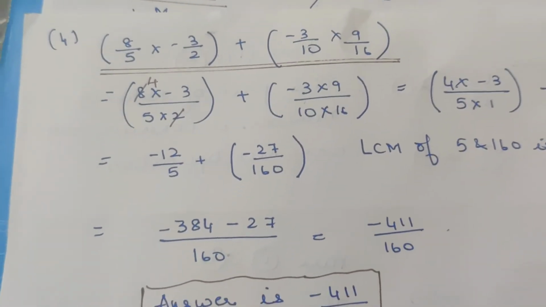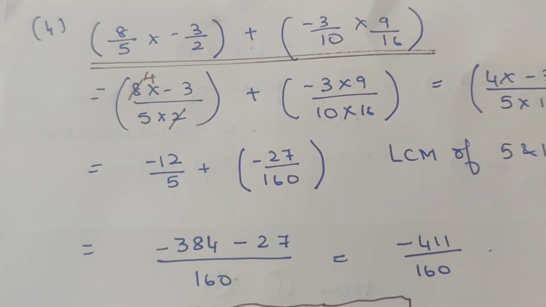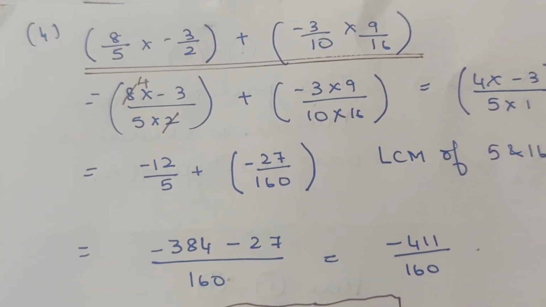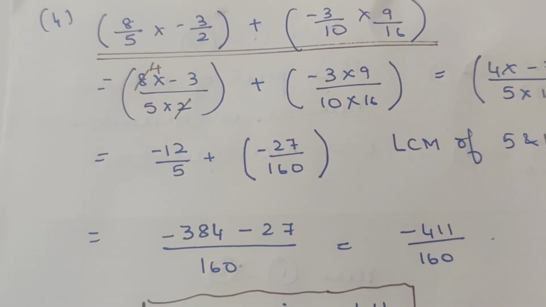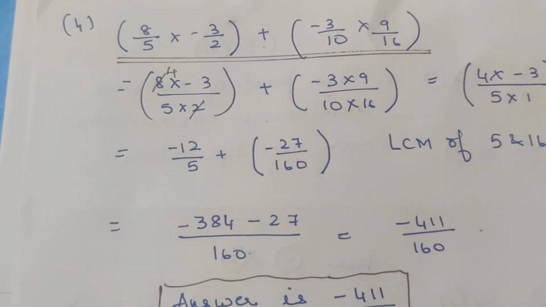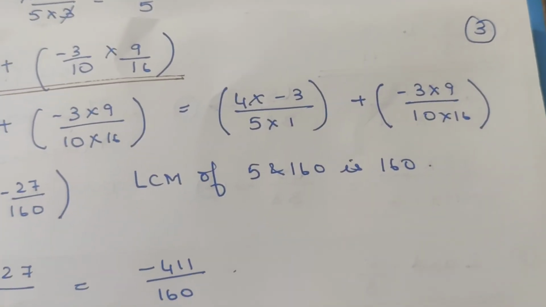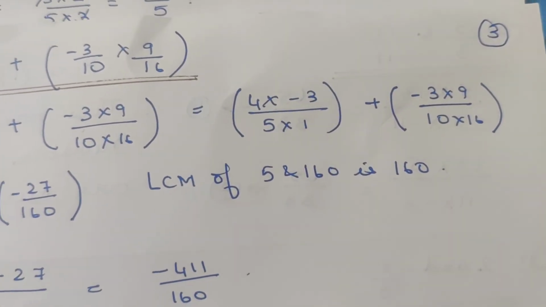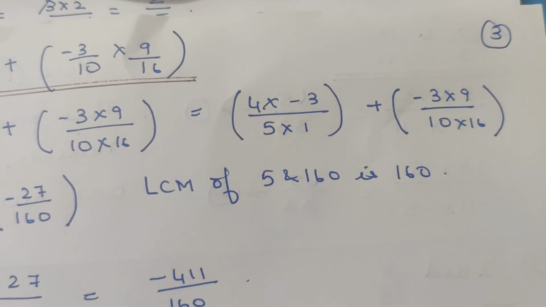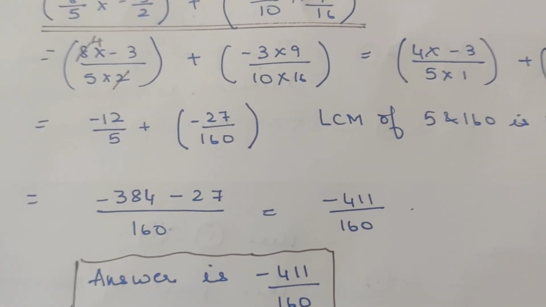And now let's move on to the fourth sum. 8 into 5 into minus 3 by 2 plus minus 3 by 10 into 9 by 16. So it becomes 8 into minus 3 by 5 into 2 plus minus 3 into 9 by 10 into 16. See, this becomes 4 into minus 3 by 5 into 1 plus of minus 3 into 9 by 10 into 16.